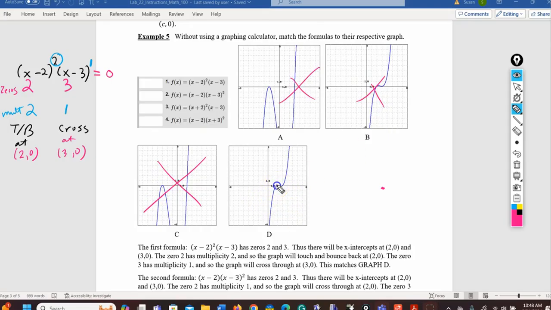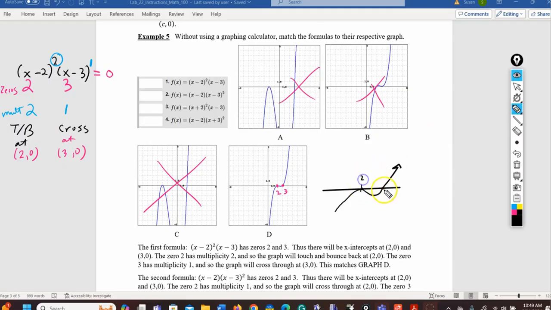But this has an x-intercept at 2, and it touches and bounces back. And then it has an x-intercept at 3, and it crosses through. Unfortunately, I wish I could have made this bigger, because this is what's actually going on.